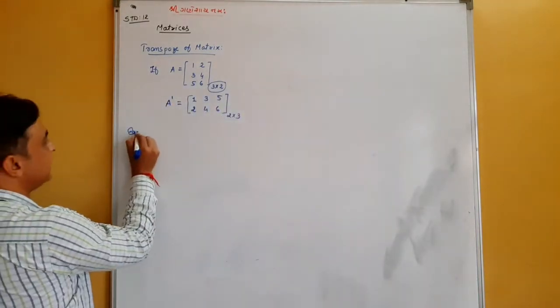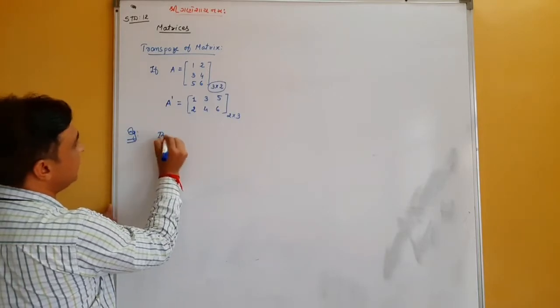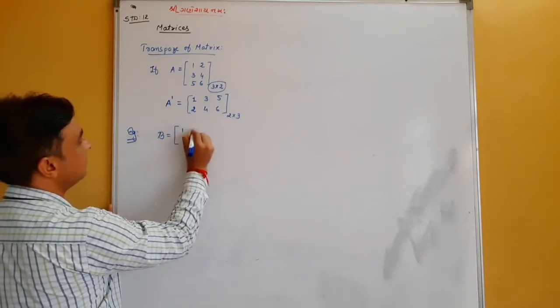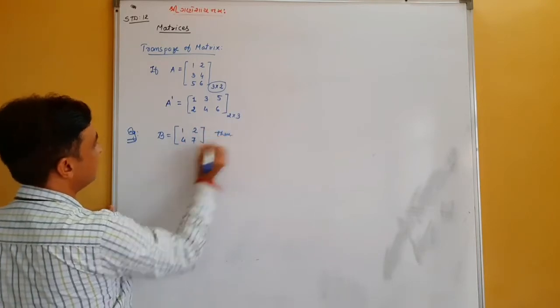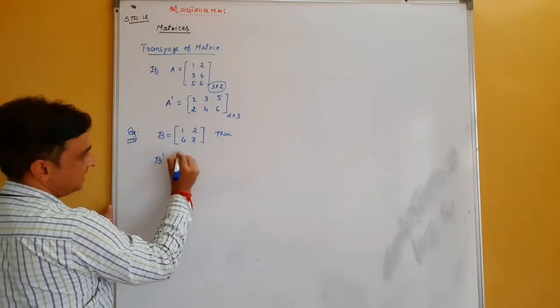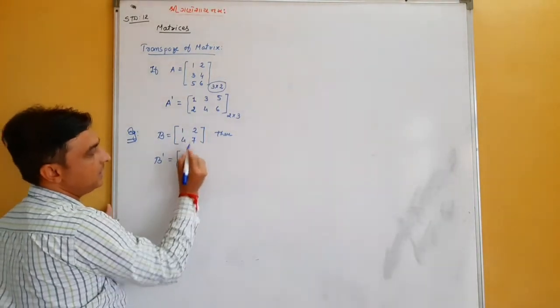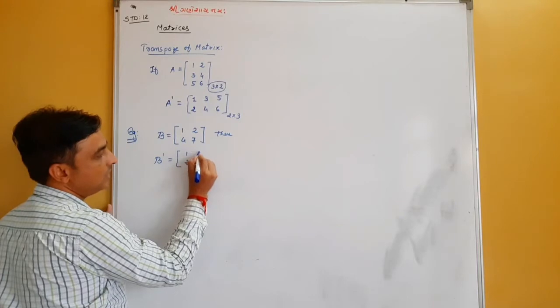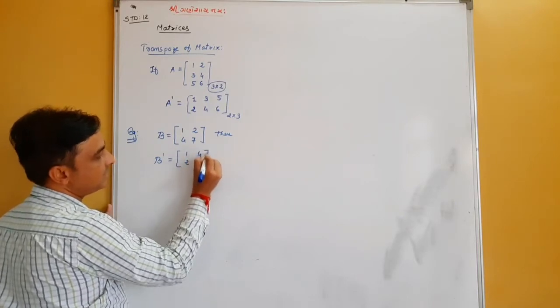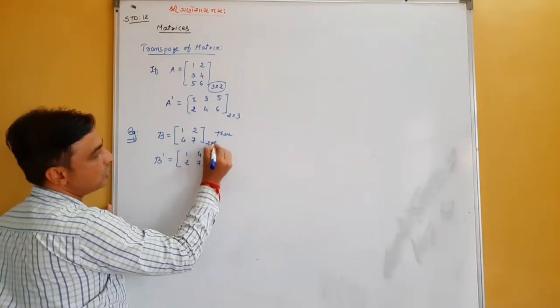For example, suppose matrix B is 1 2 4 7, then B dash, the transpose: the first row becomes the first column and the second row becomes the second column. It is 2 cross 2.